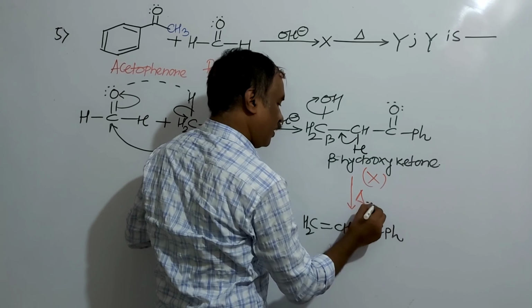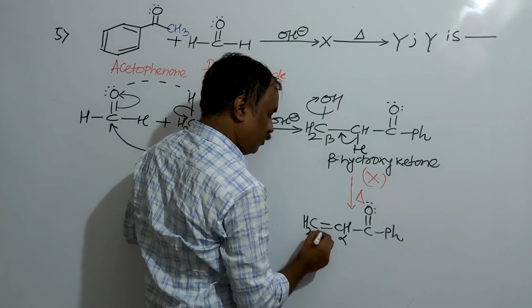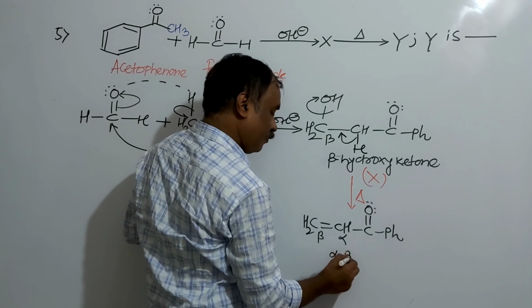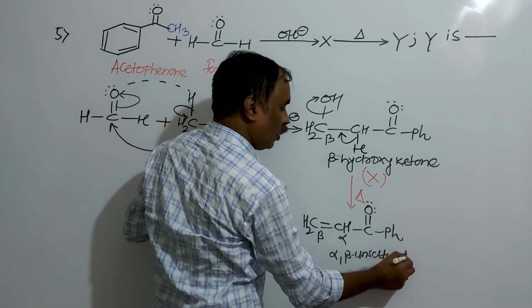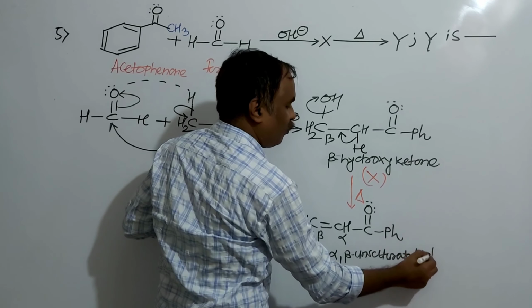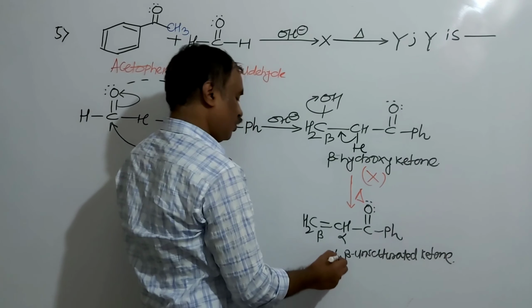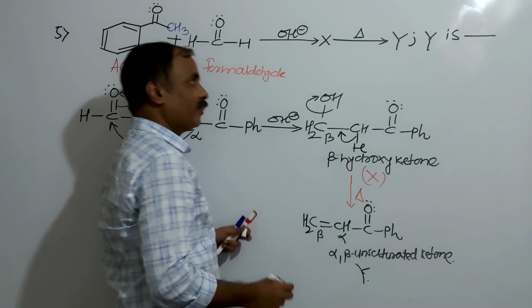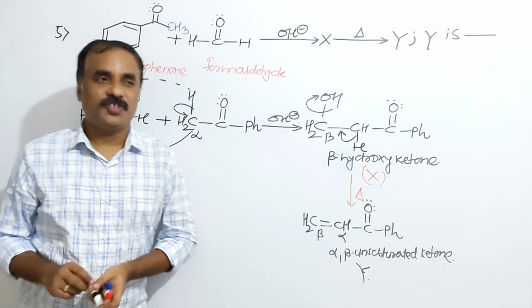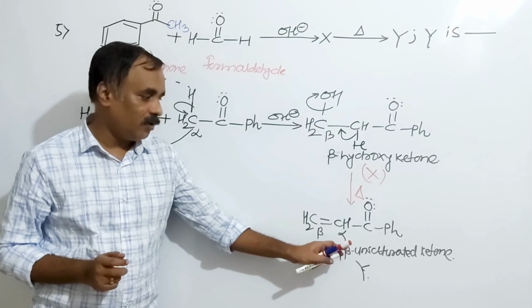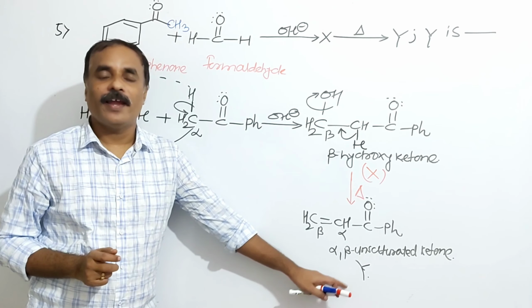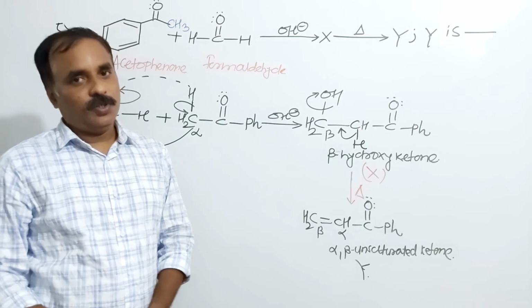This is alpha carbon, this is beta carbon, so alpha beta unsaturated ketone. This is our Y, isn't it? So this is an example of what, aldol condensation, and the answer is what? Here it is Y.